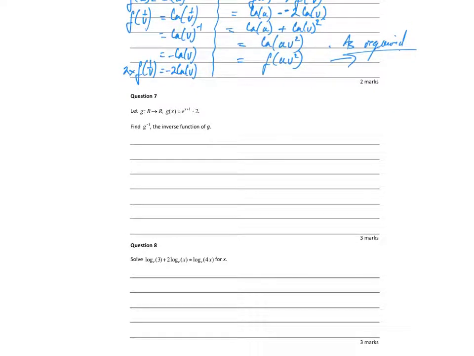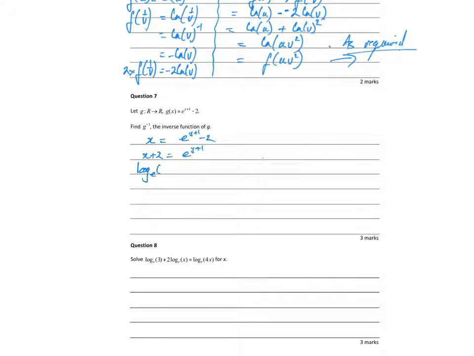Find the inverse function. How often do we do this? That means I need to put x equals e to the y plus 1 minus 2. x plus 2 equals e to the y plus 1. There's my base, so we need to get into log form.